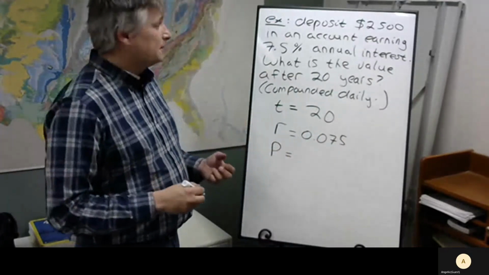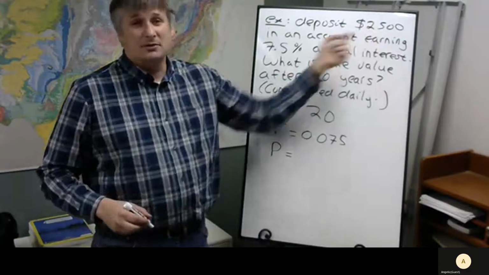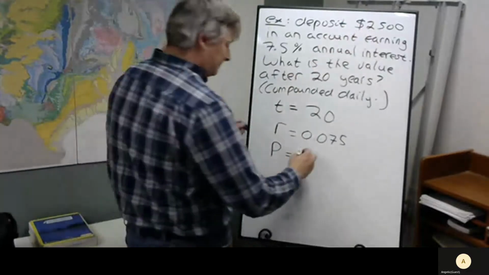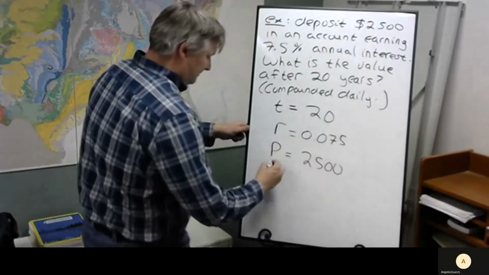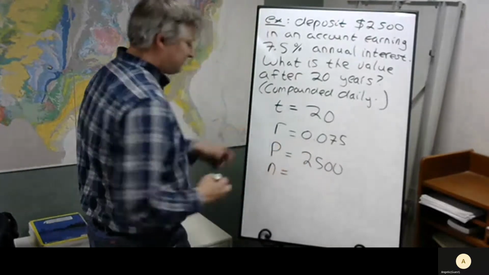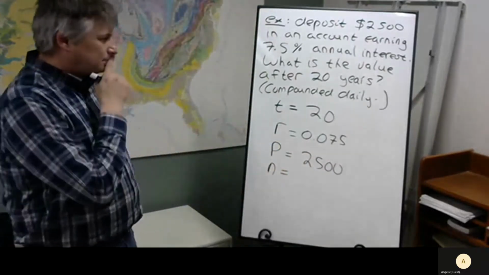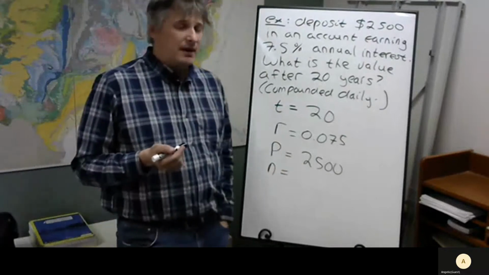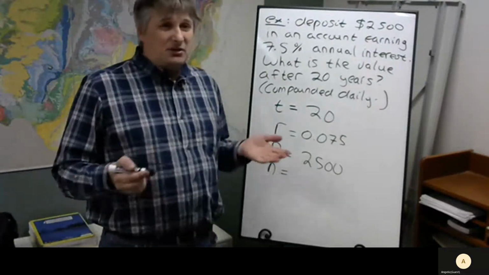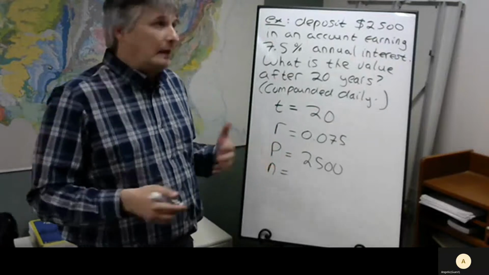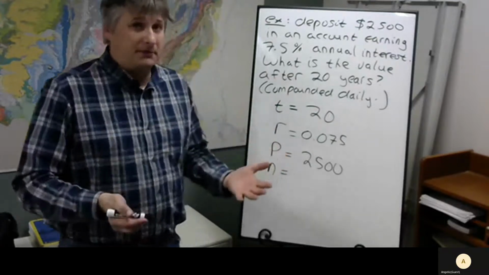Finally, for P, the principal, that's how much you're going to deposit, $2,500. Finally, our N. You want to think about how often this is compounded. And it's compounded daily. Now again, for this section, that means 365. Chapter 11, it's going to be 360.